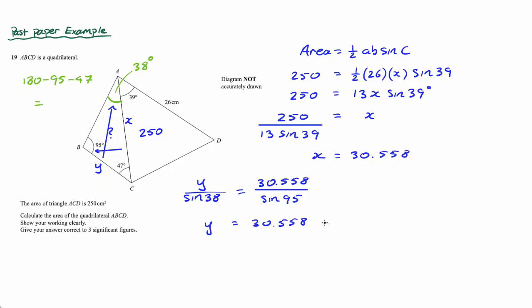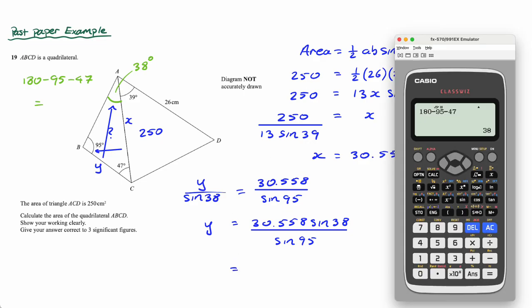30.558 multiply across this sine 38 over sine 95. Y is equal to, take out this here, 30.558 times sine 38 over sine 95.